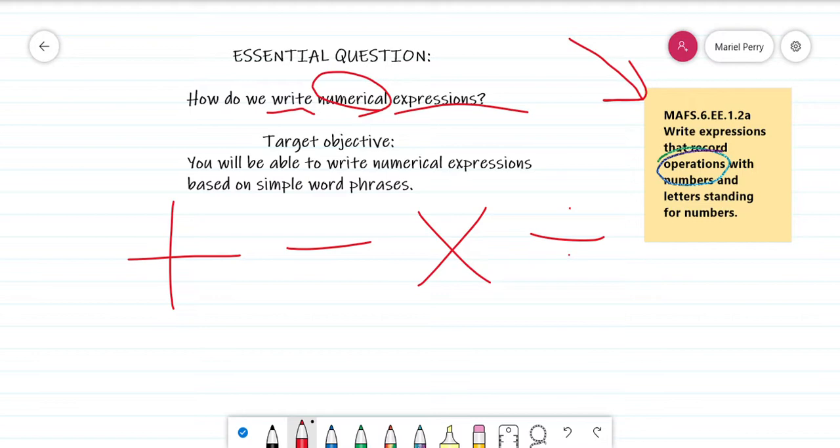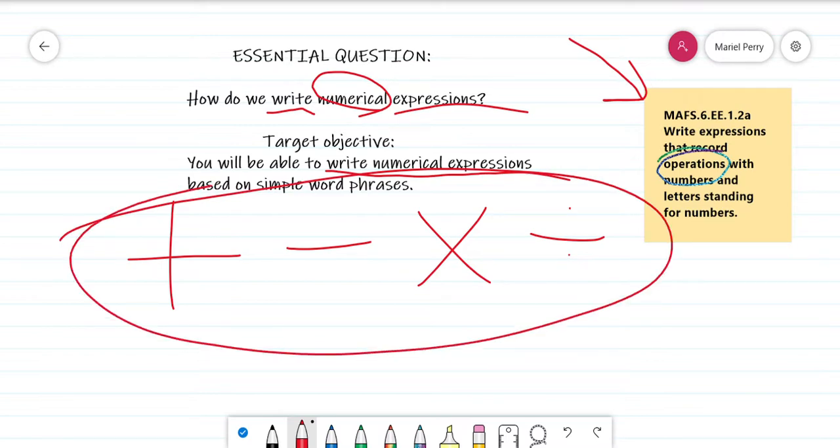With that being said, we are going to use our operations and interpret them from simple word phrases. We're going to write numerical expressions using these 4 operations. So let's get into it. In terms of addition, there are a lot of keywords that go with it.